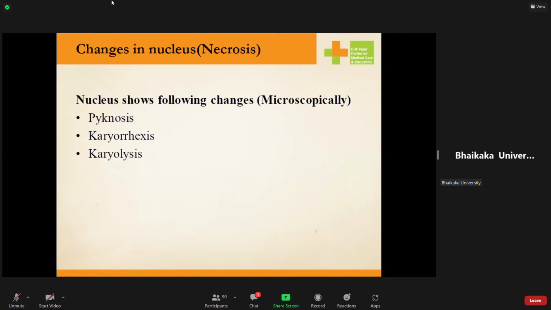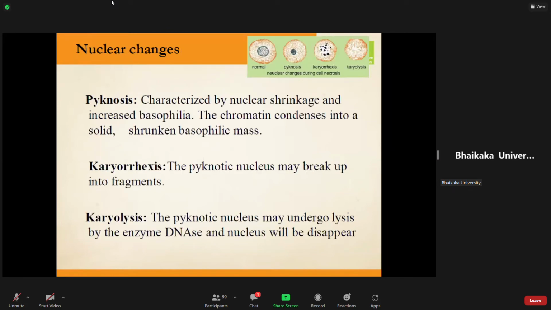Now, changes in the nucleus. The changes in the nucleus are easily seen by light microscopic examination also. These changes are seen in the form of pycnosis, karyorrhexis, and karyolysis. Now, what is pycnosis?